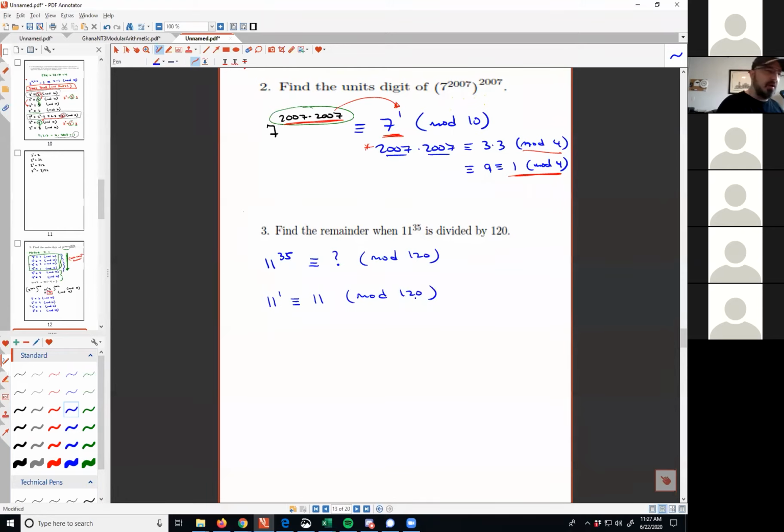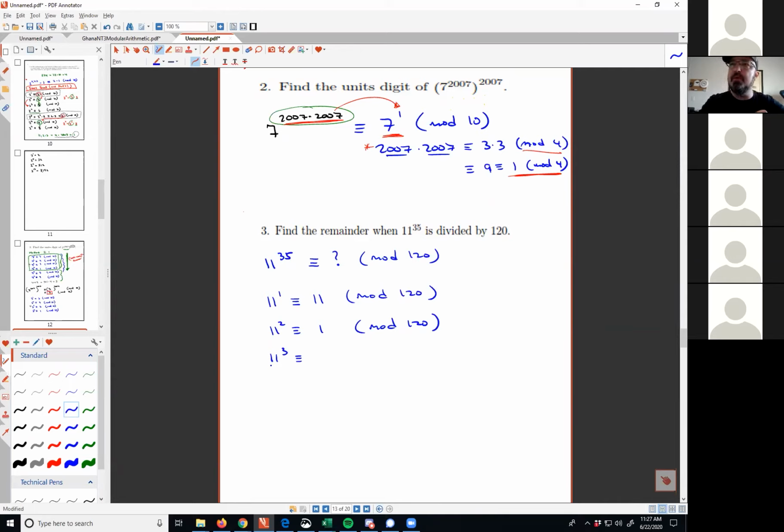What about 11 squared? It's always going to have a remainder of 1 because you're multiplying 1 against 11 every time. Ah, how nice. It happens that we're working in a modulus where we find 1 very quickly. So what's 11 cubed? The unit digit would be 1, but we're not looking for the units digit.